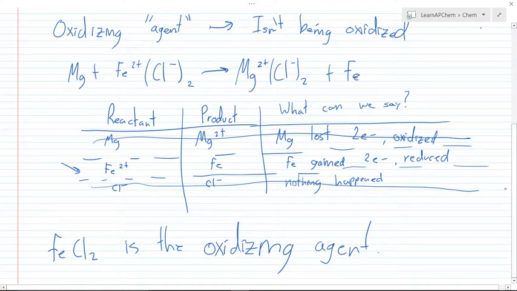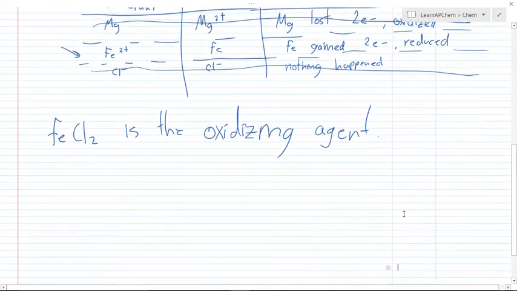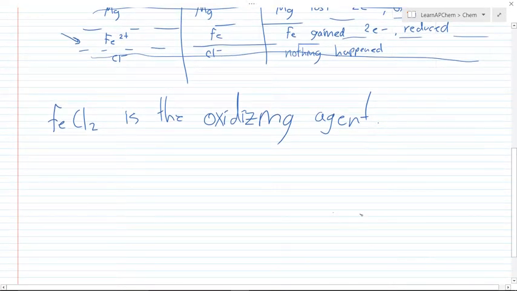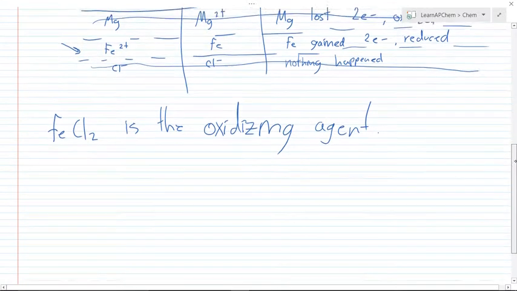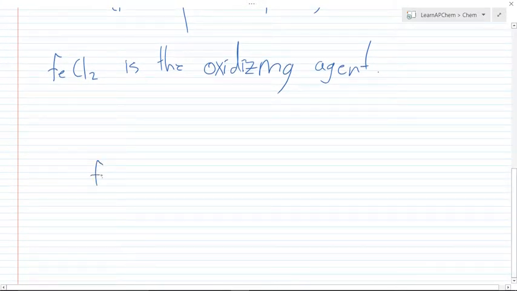That's not how we do it in my current chemistry class, so I apologize for not doing the AP chemistry norm, but the idea is that Fe is the oxidizing agent, but in the reactants it's FeCl2, so that's why it's the answer.